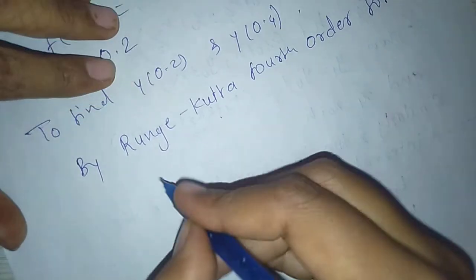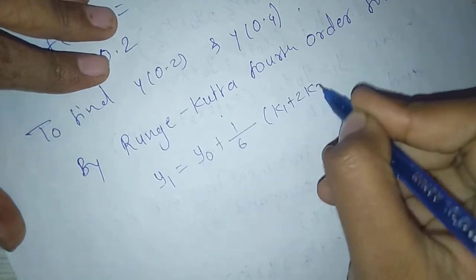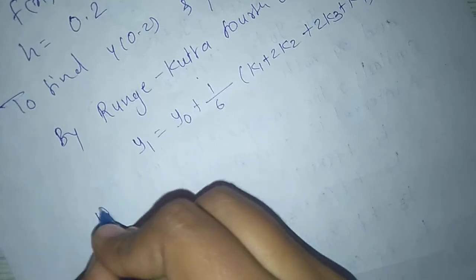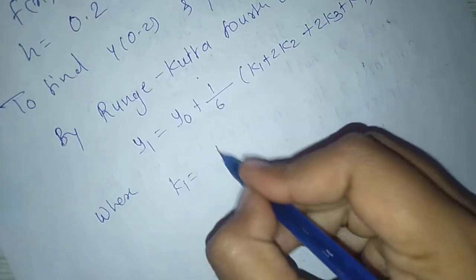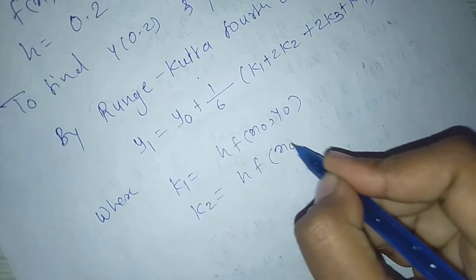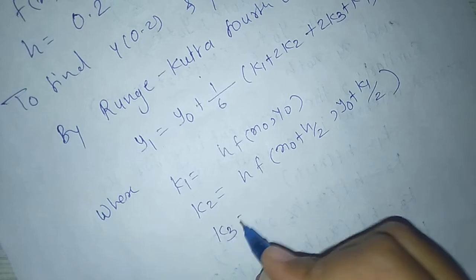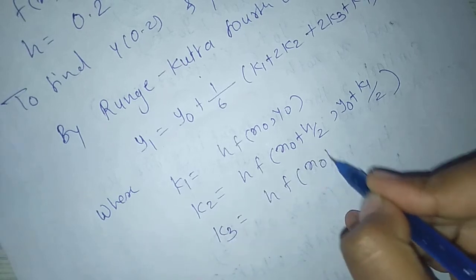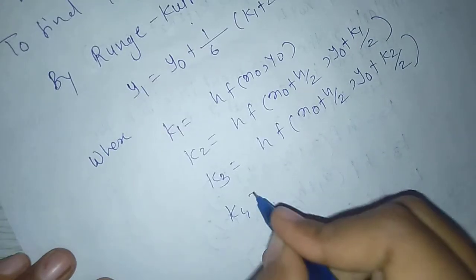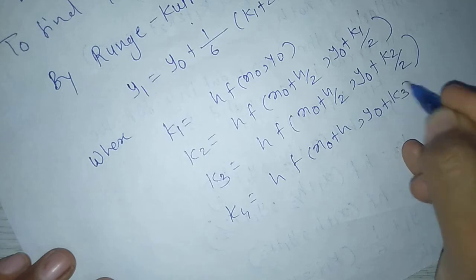The Runge-Kutta fourth order formula is y1 equal to y naught plus 1 upon 6 into k1 plus 2k2 plus 2k3 plus k4, where k1 equal to h f of x naught, y naught, k2 equal to h f of x naught plus h upon 2, y naught plus k1 upon 2, k3 equal to h into f of x naught plus h upon 2, y naught plus k2 upon 2, and k4 equal to h into f of x naught plus h, y naught plus k3.